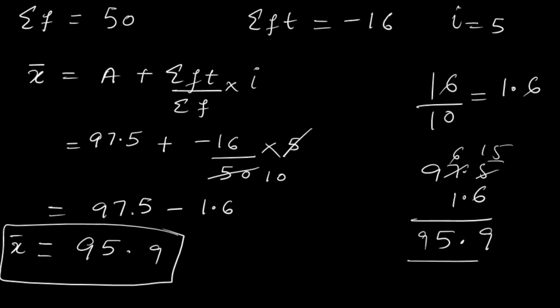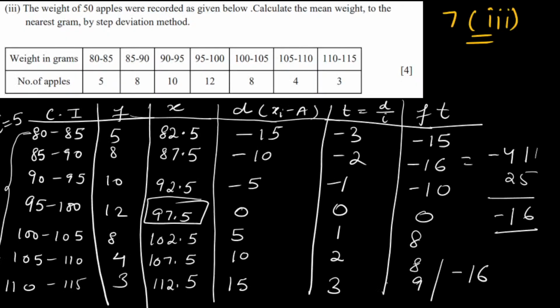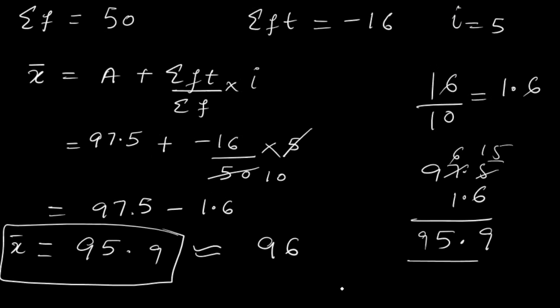After the decimal, 9 is there, so this will be 96. The mean of this one is 96, because in the question they have mentioned we have to find the mean up to the nearest gram. So this one is 96 gram.